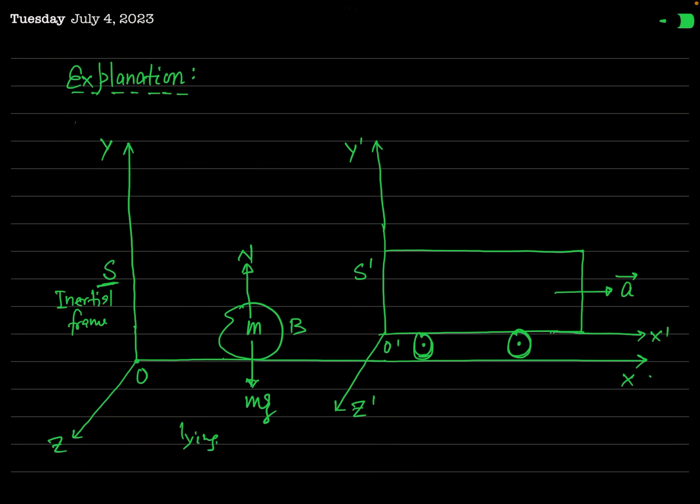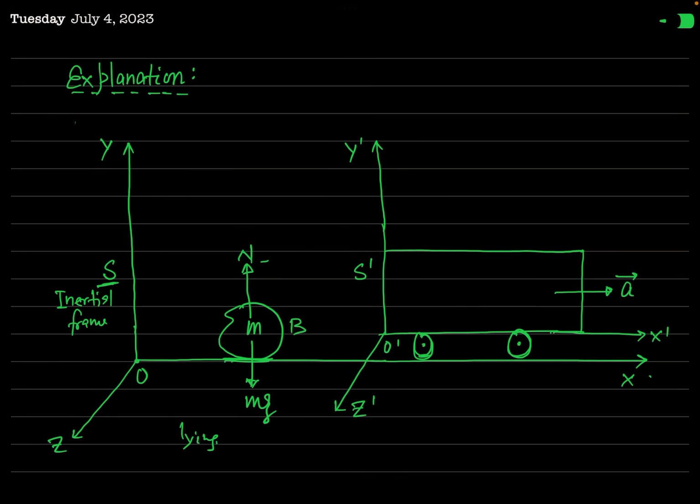And the other force will be the normal force N, which acts on the body due to the surface on which the body is lying, and it acts in the upward direction. So the body under consideration is acted upon by two forces. First is the weight of the body mg, or force of gravity mg, and another is the normal force or normal reaction, which is exerted on the body by this floor.